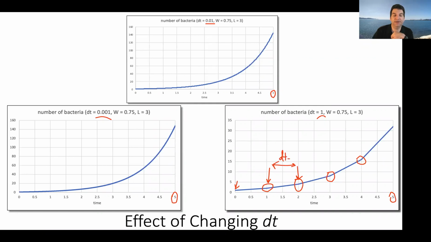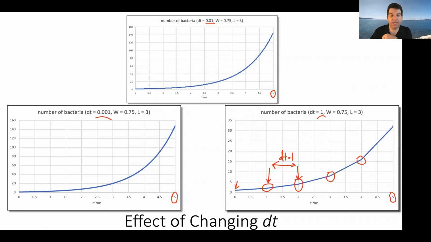And we expect that because our bacteria reproduce every 0.75 time units, this has got to be a bad approximation. We're going to miss reproduction events because our bank analogy assumes that no reproduction events happen during the DT. That means we're going to miss reproduction events.